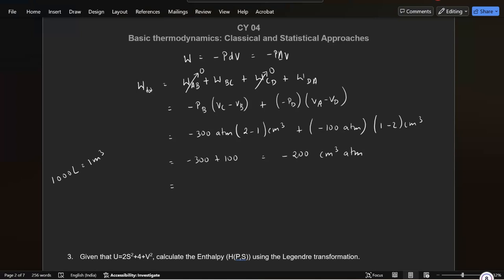That means, so it's going to be how many centimeter cubes? So it's 10 power 3 liters. 10 power 2 centimeter, sorry, 10 power 2 centimeter. Correct.